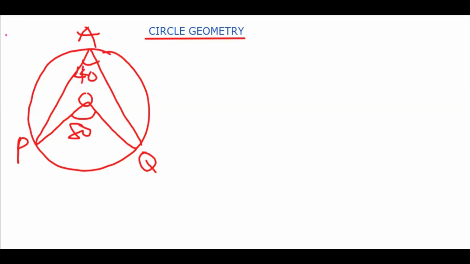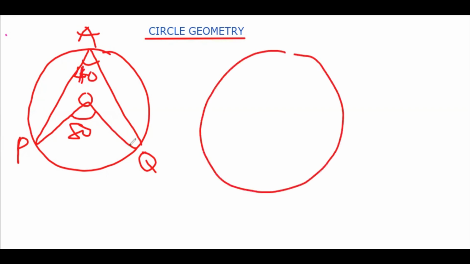What about if we try and extend this POQ to a straight line like this, and the angle, this is the center, that 80, we have stretched it to become a straight line, POQ.